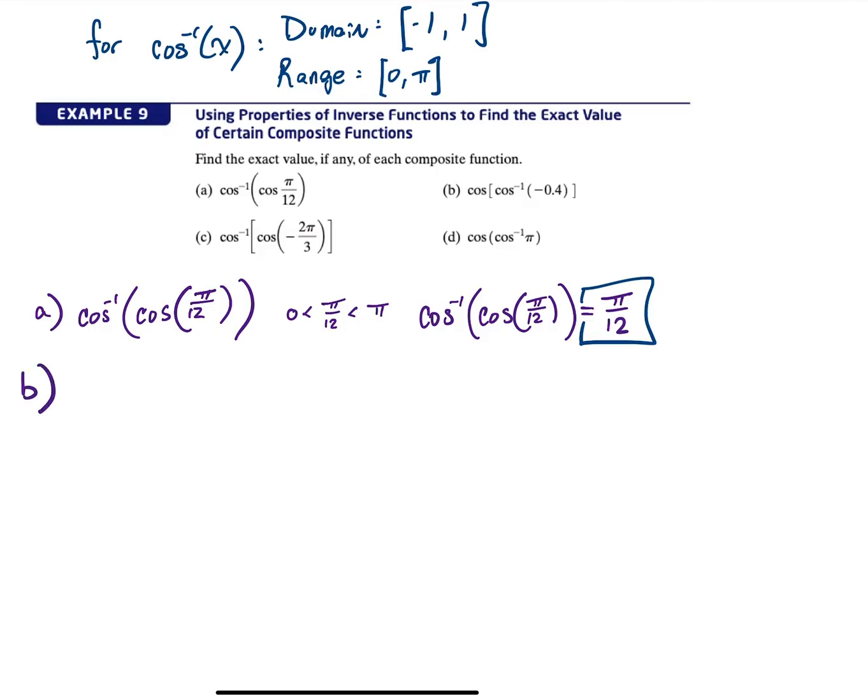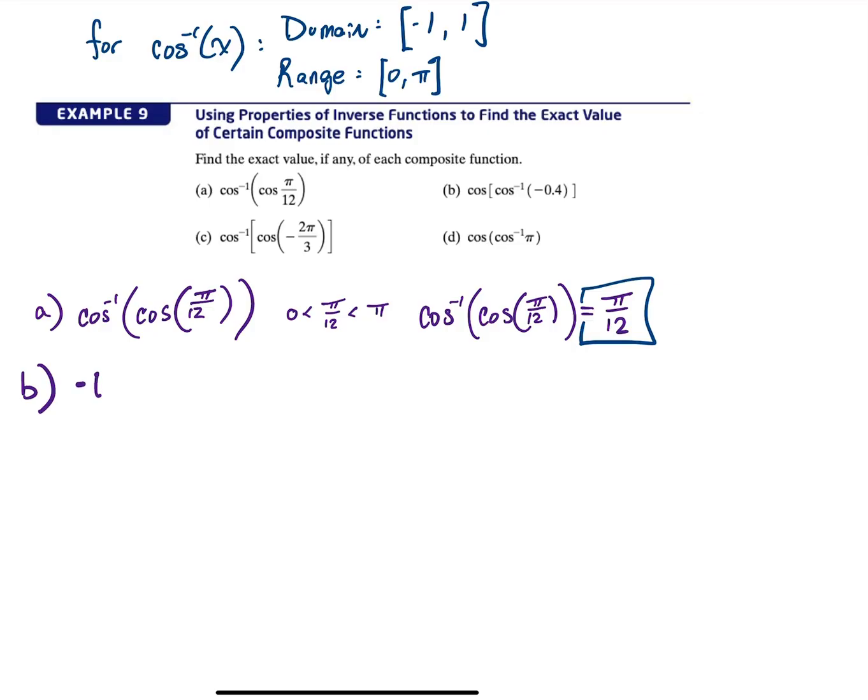For part B, we have the cosine of the inverse cosine of -0.4. If your inverse function is on the inside, just double check that that angle is in the domain of the inverse trig function. The domain of the inverse cosine is between -1 and 1.